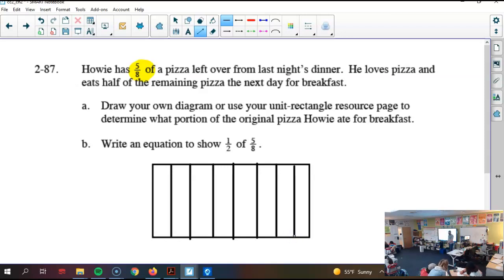That would be like step 1. Keep going to finish this out. He then takes half of his leftovers to lunch.